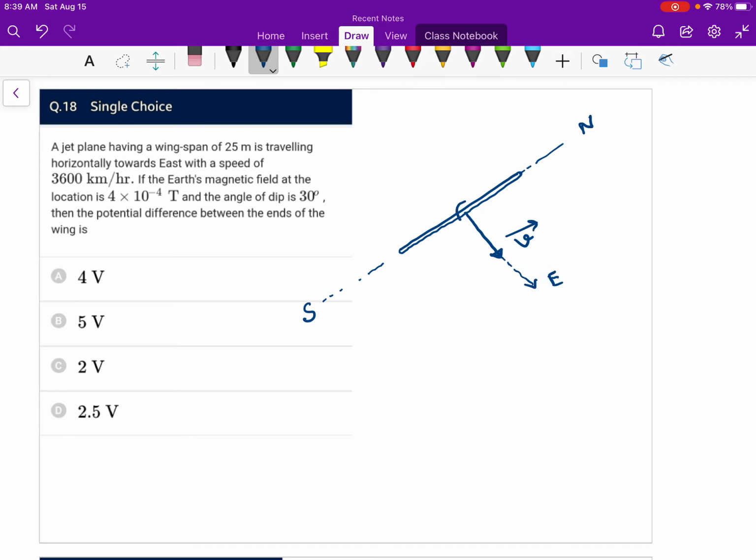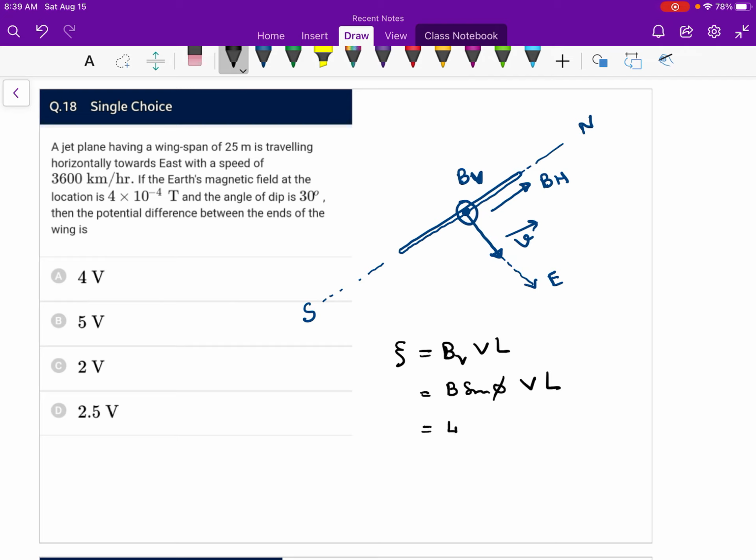Okay, and magnetic field is BV. BH will be parallel to wingspan. So no EMF due to BH, only EMF due to BV will be there. So induced EMF is BV into V into L. So BV, that is B sin theta into V into L.